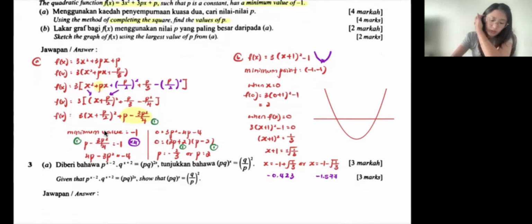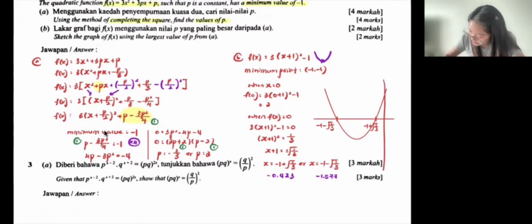So you will label this on the left-hand side, -1 minus square root 1 over 3. Then here, this is -1 plus square root 1 over 3. Then you have to draw your y-intercept. Y-intercept is here. Let me draw one line here for you.